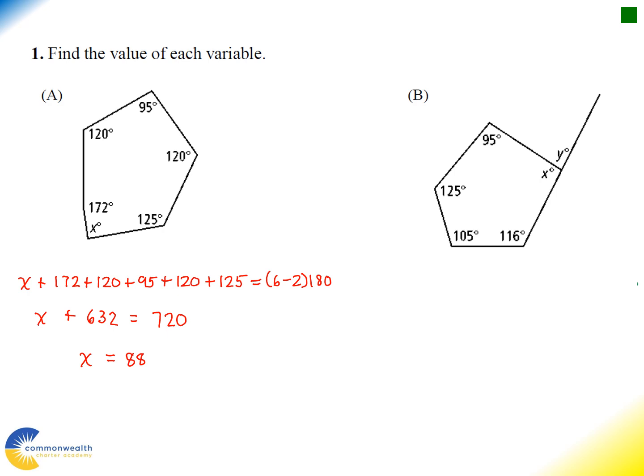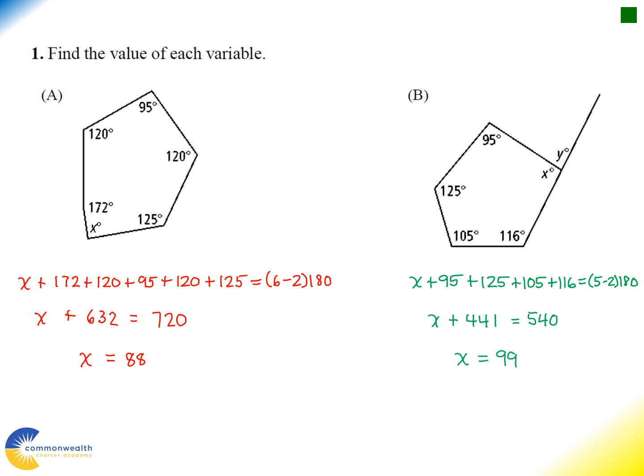When I go over to B, the figure I have there is a pentagon, which means that if I add up all the angles on the inside, it should total (5 minus 2) times 180, and therefore x plus 441 should equal 540.